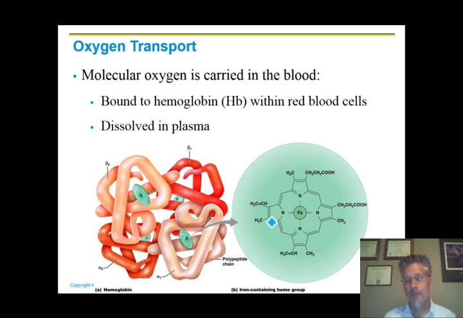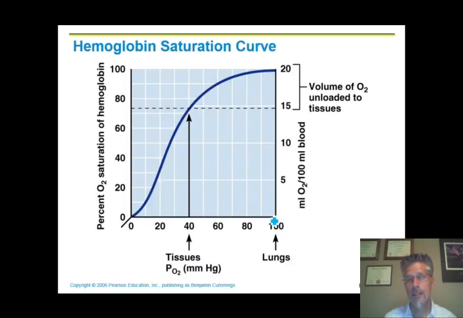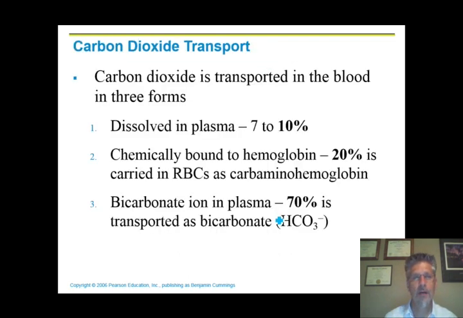Now, one of the four processes that we said we needed to know also was transport, both of oxygen and carbon dioxide. So we need to know the major ways that they are transported in the blood. For oxygen, it's going to be attached to hemoglobin, but remember that with hemoglobin, it's going to be able to pick it up and release it at the appropriate time. So we get a little bit into that as well.